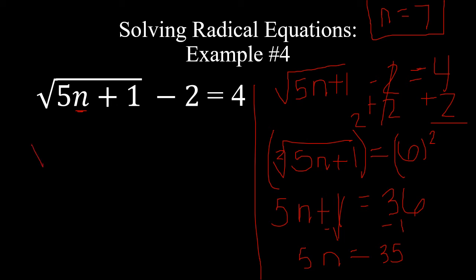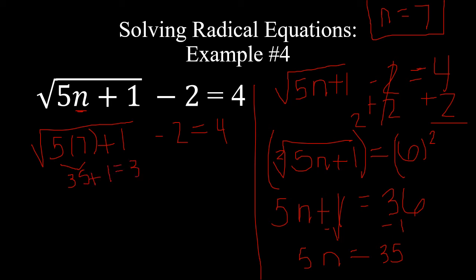So the square root of 5 times 7 plus 1, minus 2 equals 4. 5 times 7 is 35, and 35 plus 1 is 36. So we have the square root of 36 minus 2 equals 4.